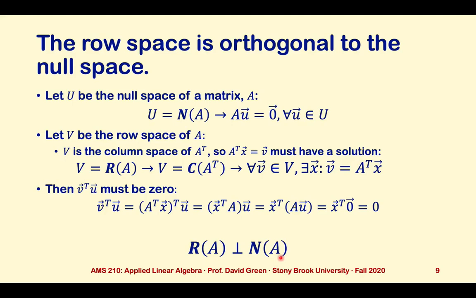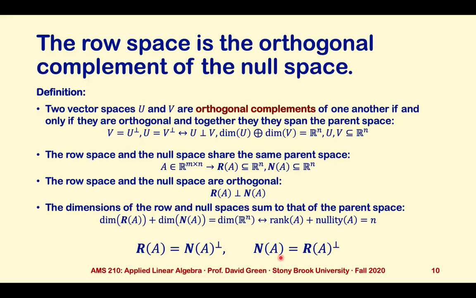This adds a relationship to the already fairly deep relationship that we had seen before between the row space and the null space. Previously, we saw that the row space and the null space share the same parent space.